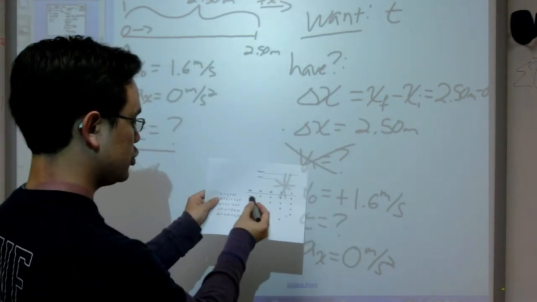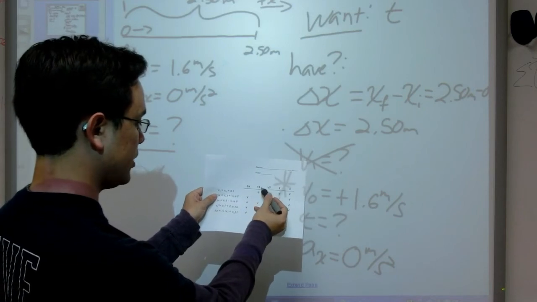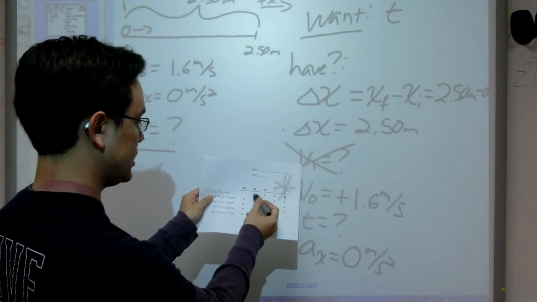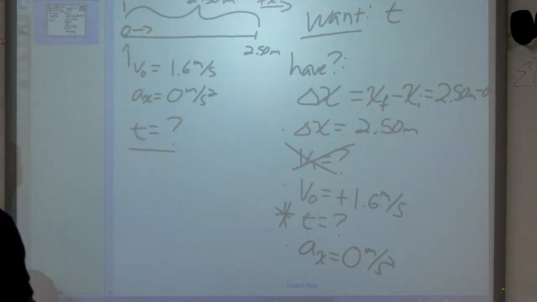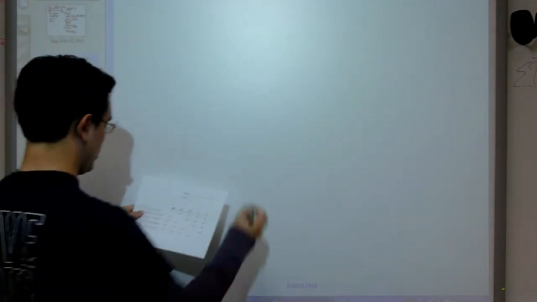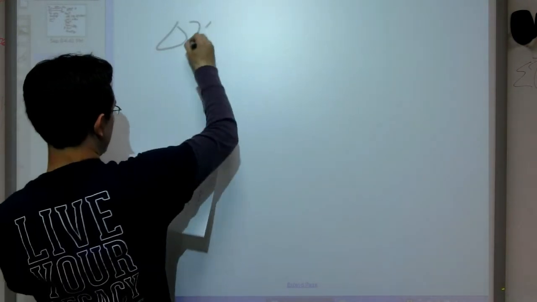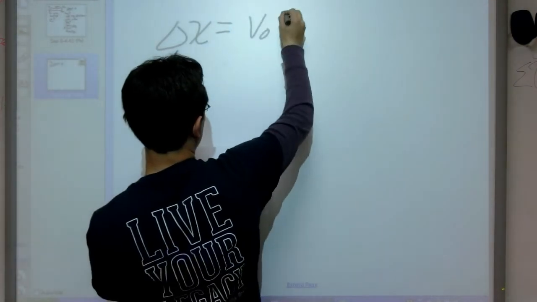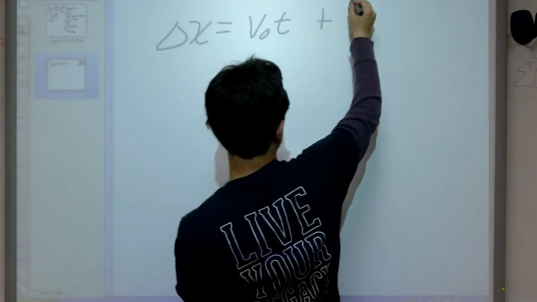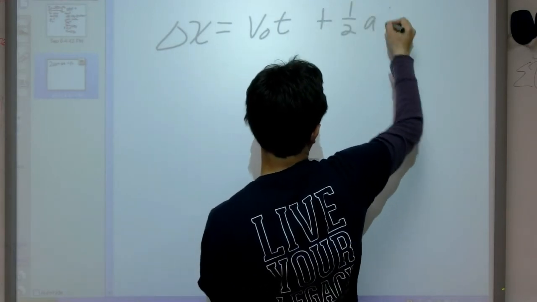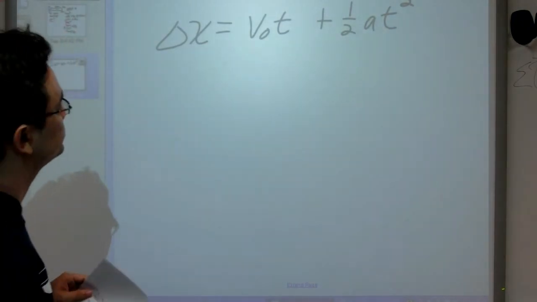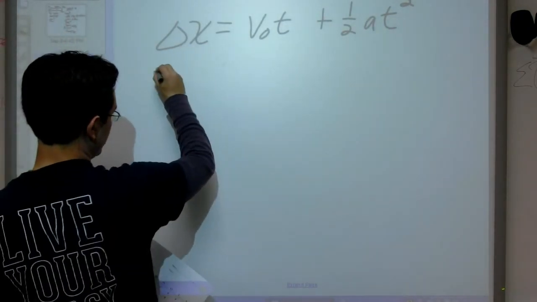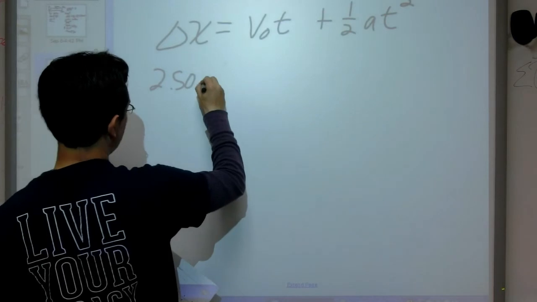So we look on our chart for the one equation that doesn't have our final velocity, which is right here. It looks like equation number 2 is the one we're going with. So we've got delta x equals our initial velocity times our time plus 1/2 acceleration times time squared. Our delta x, as we saw earlier, was 2.50 meters.